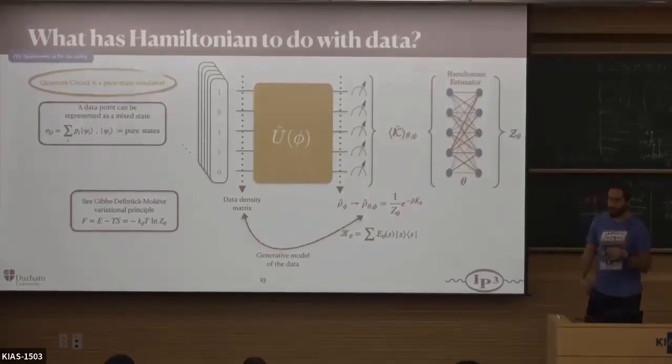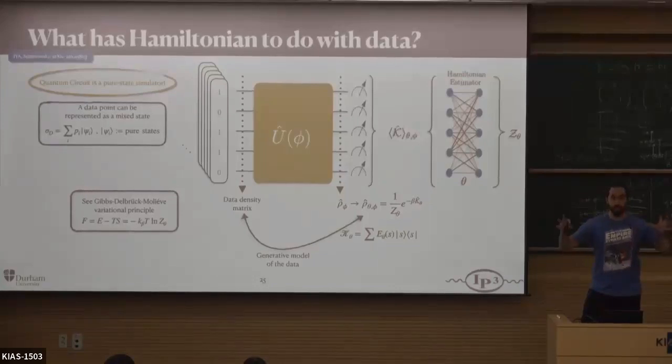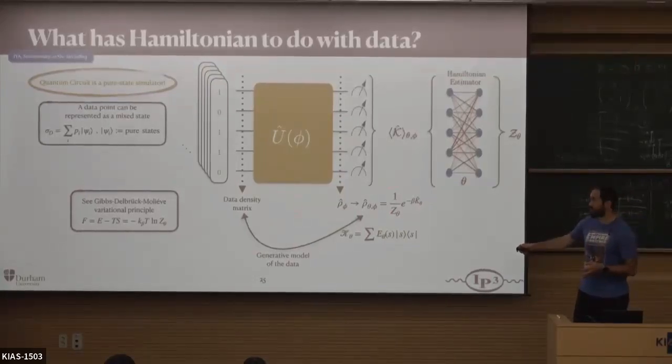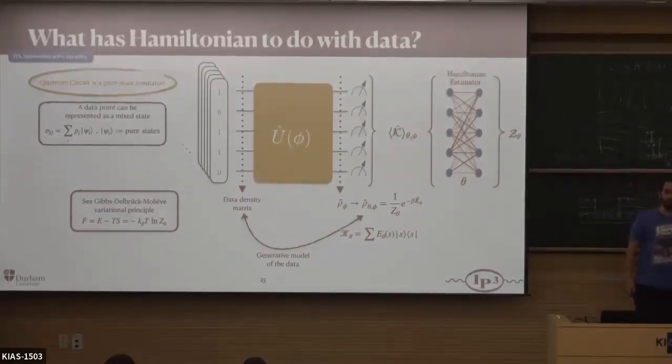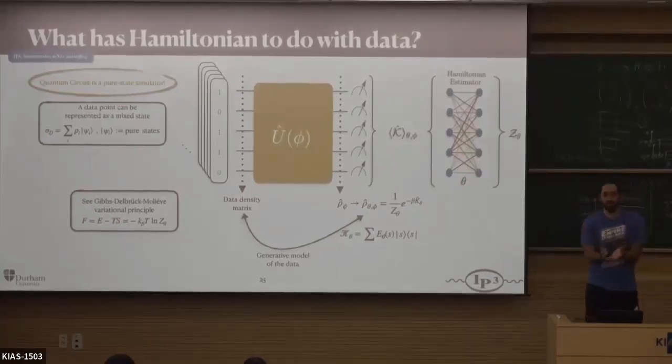Beta is 1 over temperature. Hopefully, if I optimize this circuit enough, it should be able to represent the density matrix of my initial data. As I showed you earlier, the Gibbs-Bogoliubov variational principle states that you should be able to optimize the free energy and get the results.